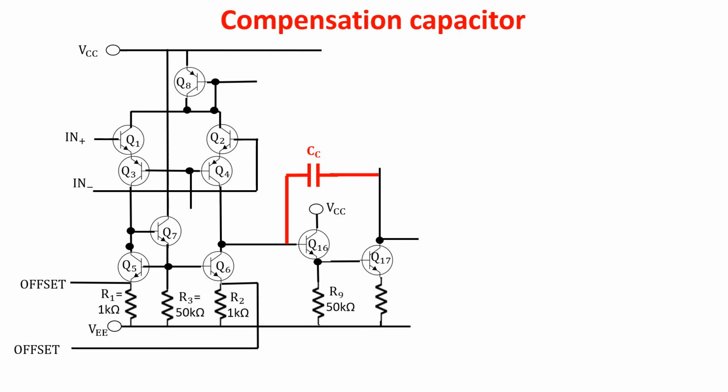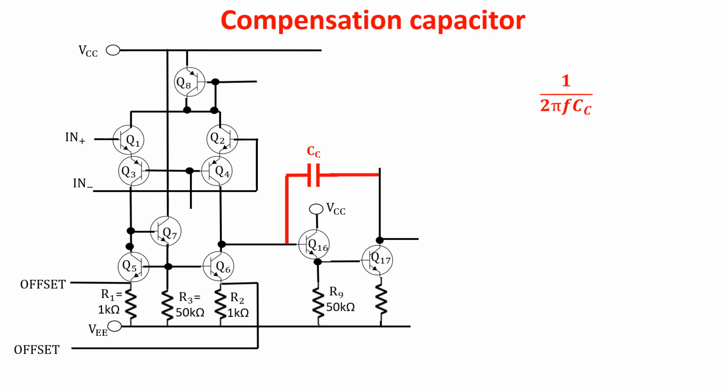So we need to add a compensation capacitor between the first and second stage because we want to shift back the first pole. This capacitor has to be large enough to become the dominant one, shifting the unity gain back to the frequency of 1 MHz. If we want to size this capacitor, we force the total gain equal to 1 at 1 MHz. And since this capacitor is the dominant one, its impedance is the only one we need to consider.